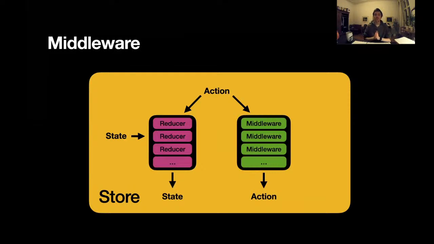For example, you load a new screen and you want some middleware to go and get some data. When the data is loaded, you push a new action, for example a data loaded action, which will then go to some reducers. So that's how middleware works.